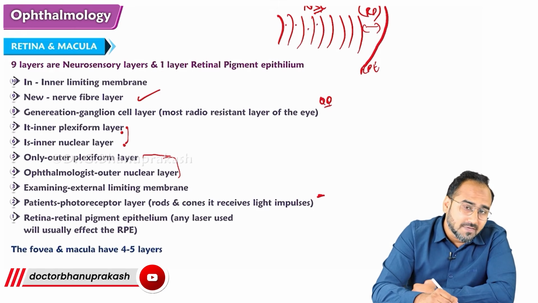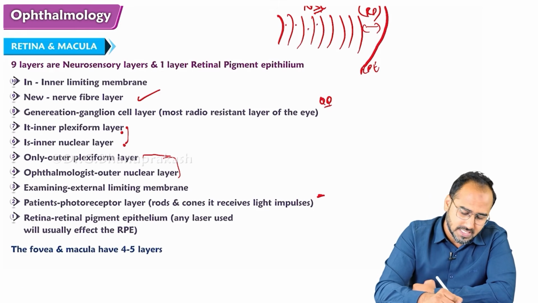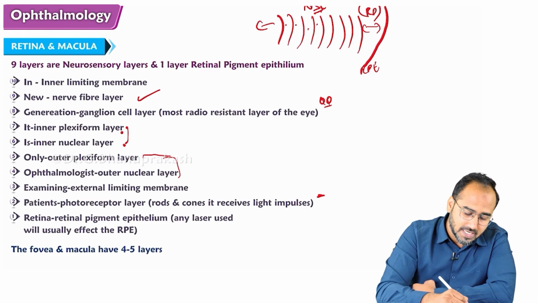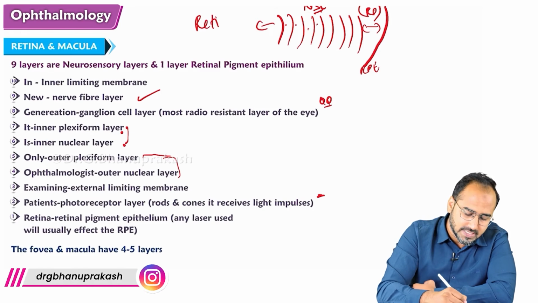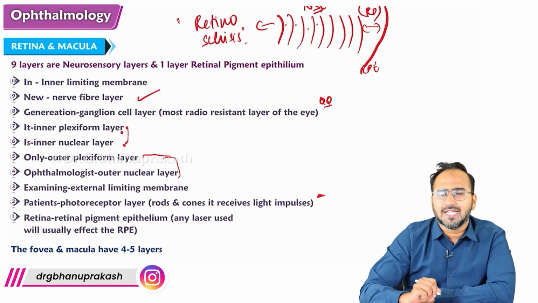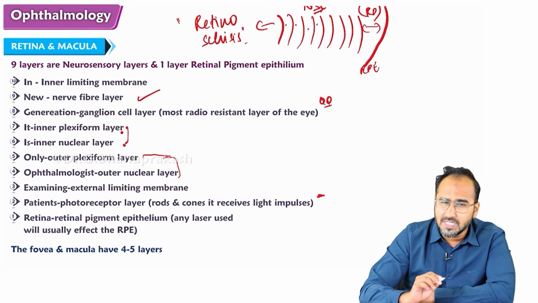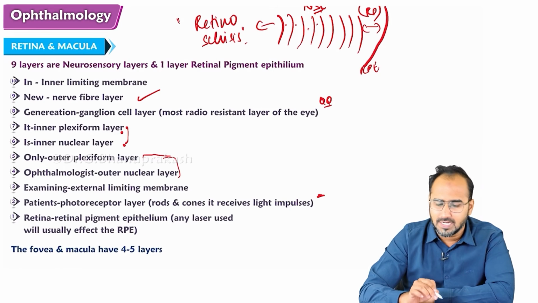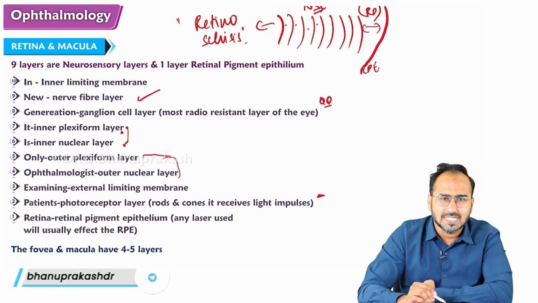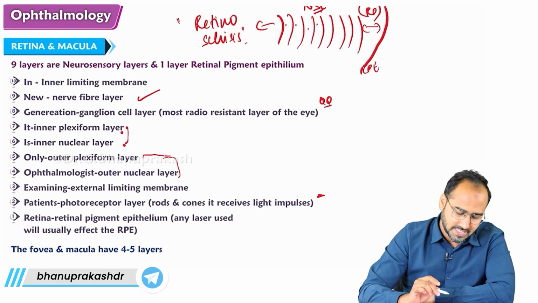The detachment in between the neurosensory layers is called retinoschisis. One is retinal detachment, the other is retinoschisis. Retinal detachment means the detachment between the neurosensory layer and the retinal pigmentary epithelium. But the detachment in between the neurosensory layers is called retinoschisis.